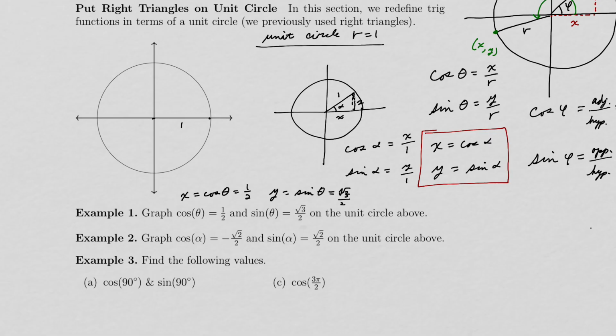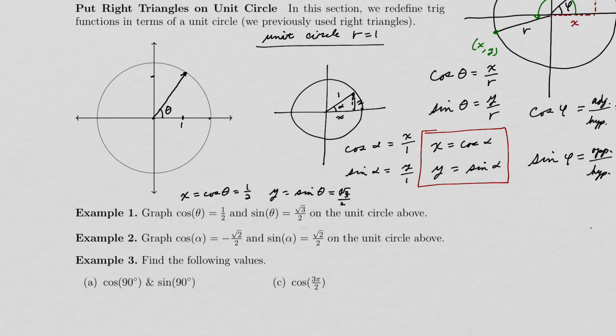So I just have to plot x equals 1/2 and y equals radical 3 over 2. Well, x equals 1/2 is going to be here. And then radical 3 over 2, if you work that out, it'll be something a little less than 1, maybe right here. So if I plot that point on the circle right here, that's going to be the angle theta here.